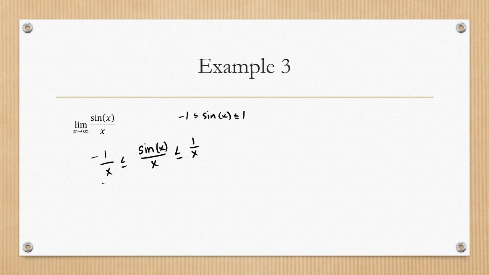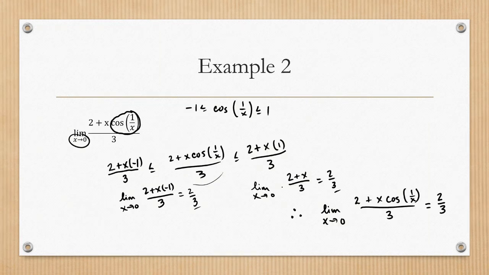And now I'm going to do each of these two limits as x goes to infinity. Plug in a really giant number, I get -1 divided by a really giant number, I get 0. Same thing on the other side. I'm going to do the limit as x goes to infinity of 1 over x. 1 divided by a really giant number, that also gets close to 0.